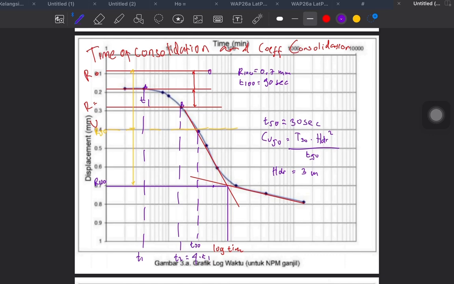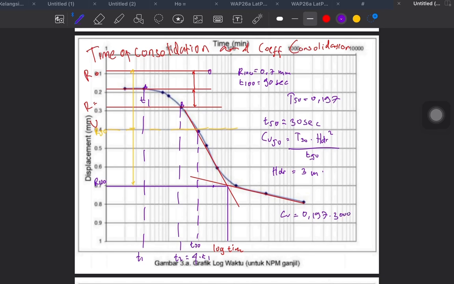So we can calculate CV equal to 0.197 multiplied by 3.